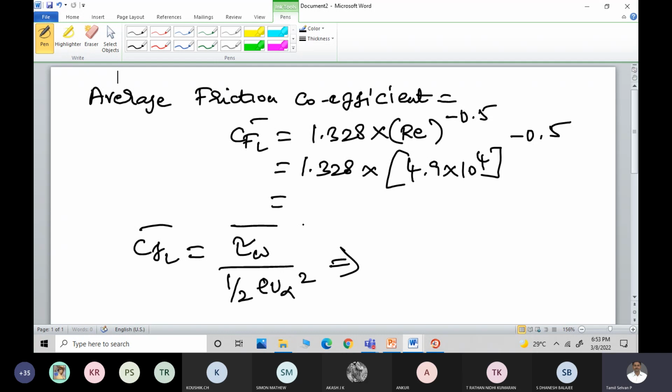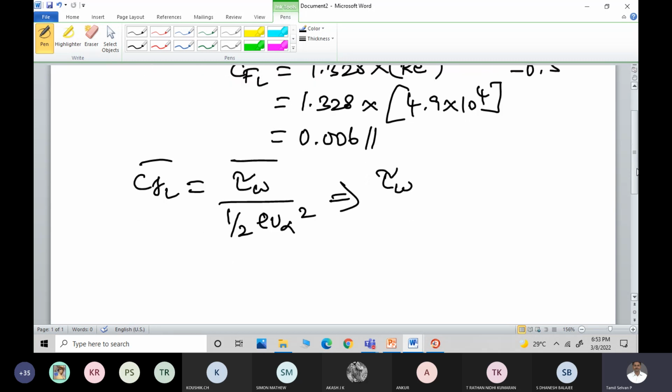What is the average friction coefficient? 0.006. Again, it is dimensionless, because the Reynolds number is dimensionless.